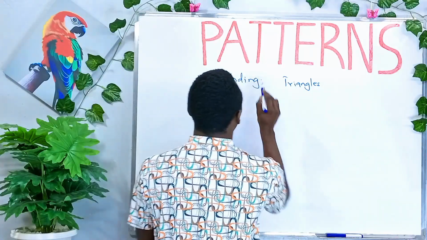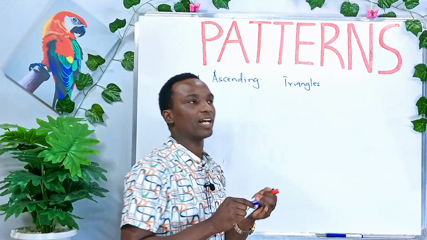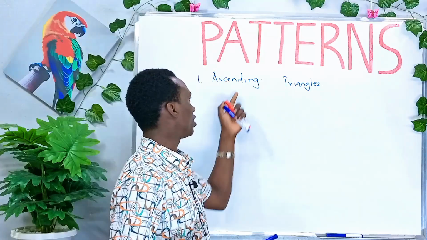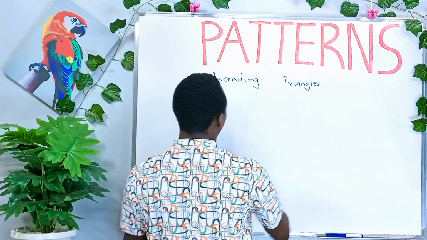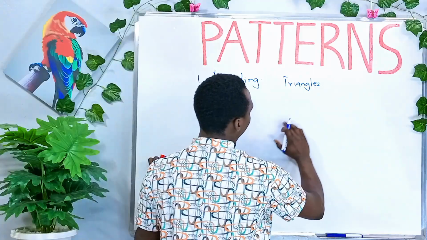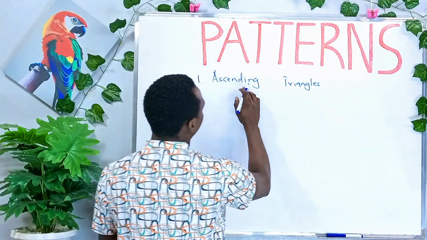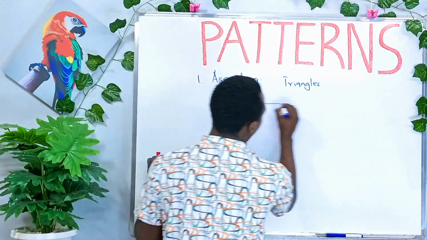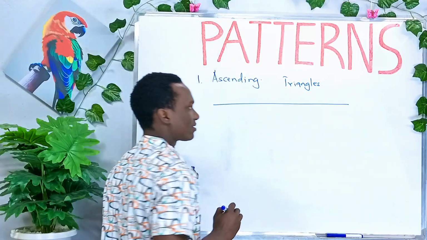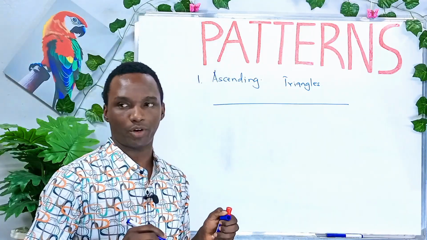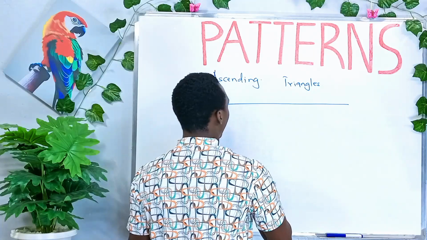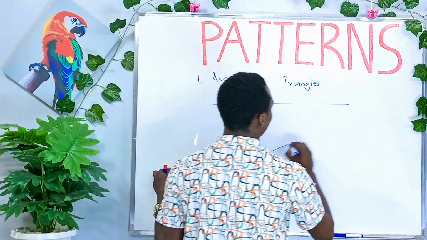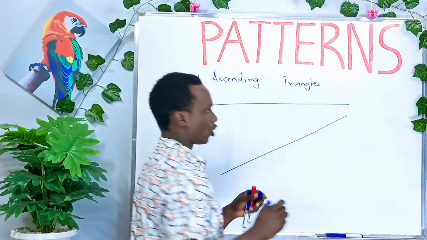From the word ascending, ascending means something that is going higher and higher and higher. So in this case, it is expressed that the price is going higher and higher and higher. It is formed by a resistance area, while the price going higher and higher forms an ascending slope.